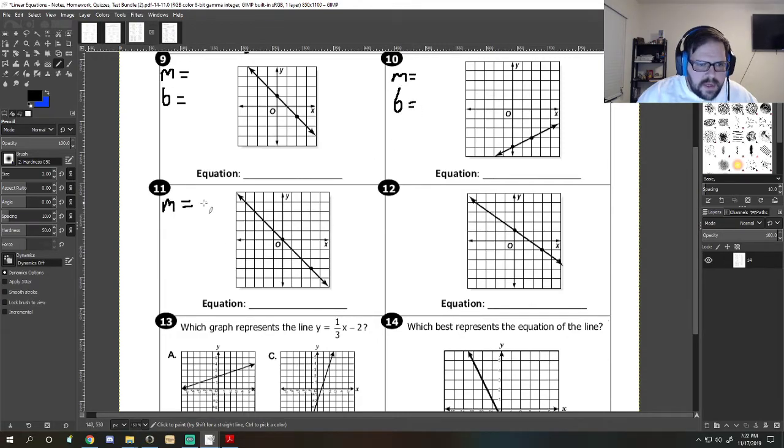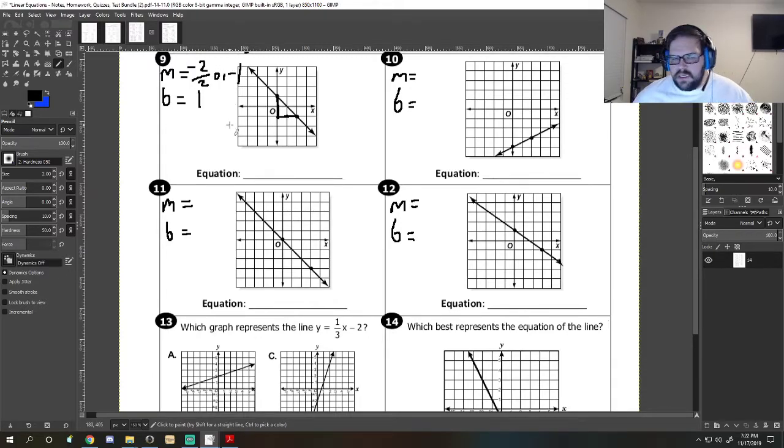I like writing my slope and my y-intercept out, so that way I guarantee that I will always get these correct. All right, so my y-intercept is going to be 1. My slope is -1, -2, 1, 2. That's going to be -2 over 2 or -1.